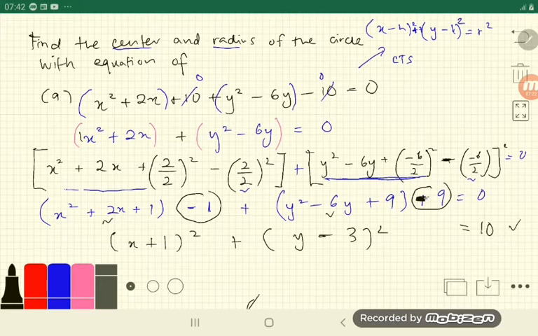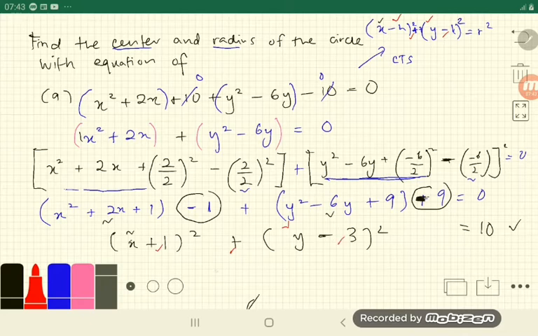If you compare, the x is the same as the x here. The value of h is equal to 1; y equals y here, positive is still positive, okay, good. Negative k is equal to negative 3.